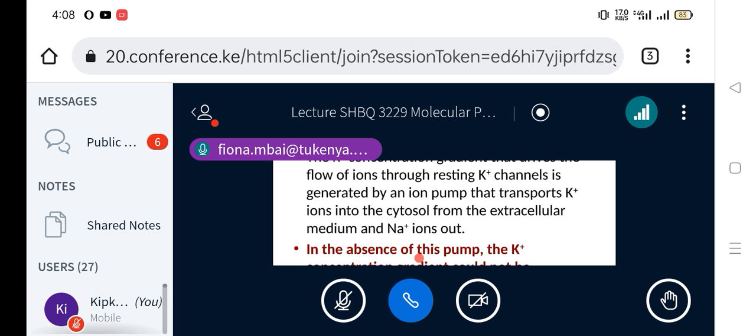In the absence of this pump, I would ask you right now to type for me what this pump is called. The potassium concentration gradient could not be maintained, and eventually the membrane potential would fall.